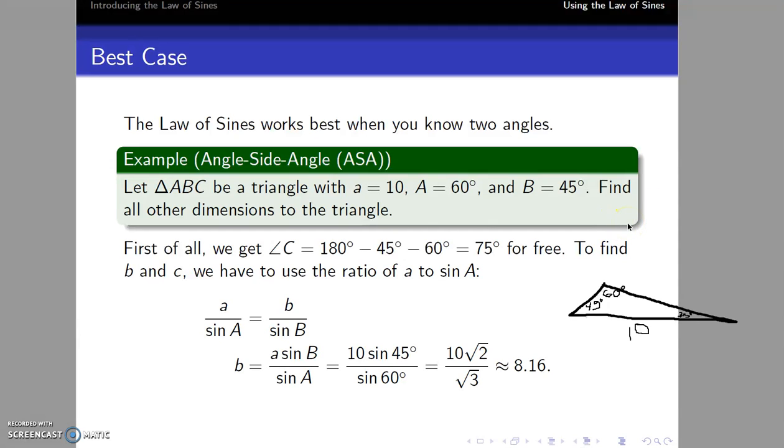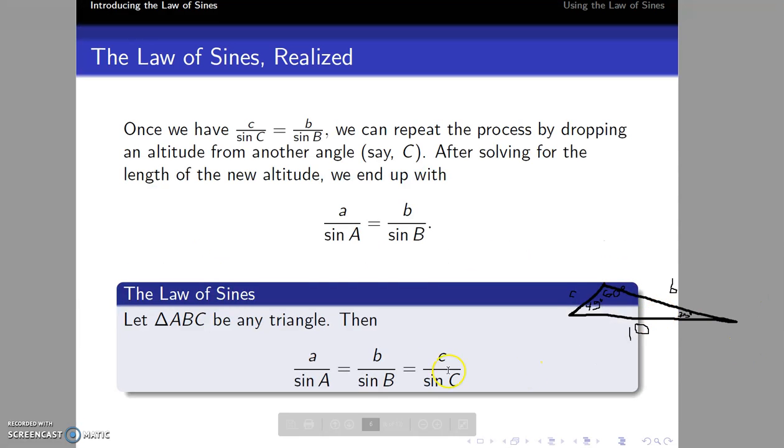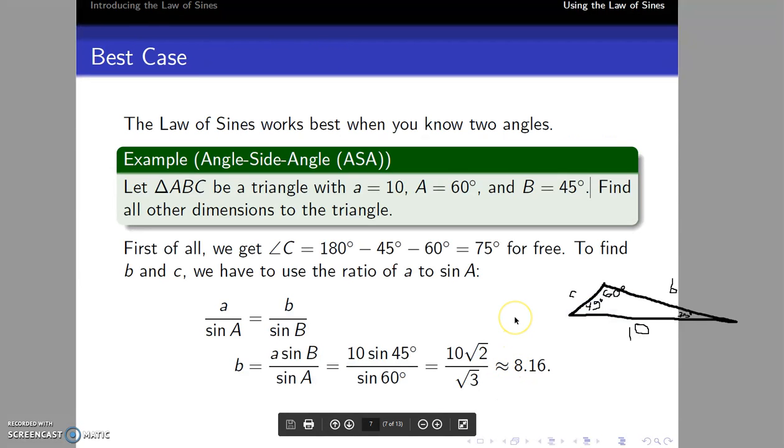So to find B and C, the only two remaining unknowns, and I'll go ahead and label that, B is opposite 45 degrees, and C, by necessity, is what's left. So to find our remaining sides B and C, I have to use the law of sines, which again is these ratios right here all being equal. I have an established ratio of 10 to sine of 60.